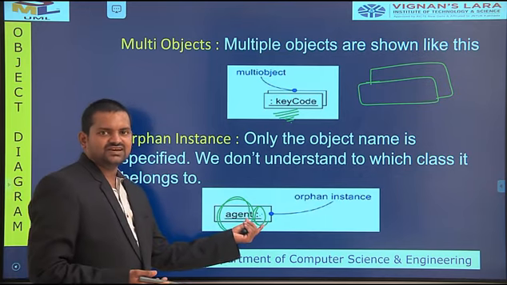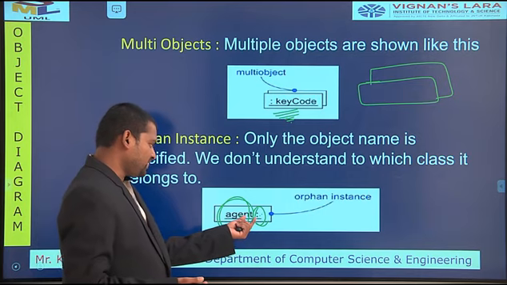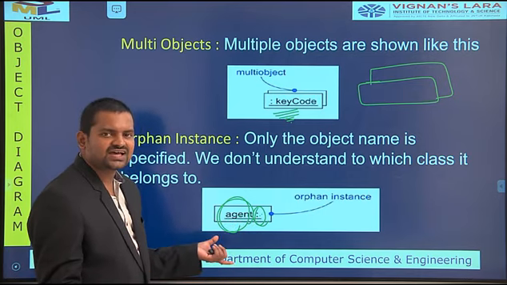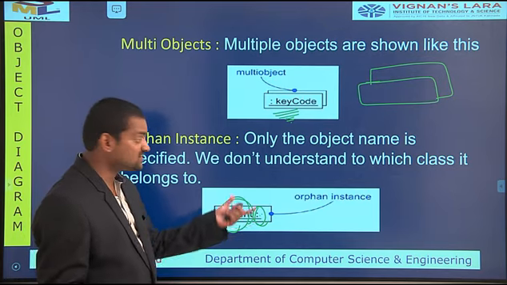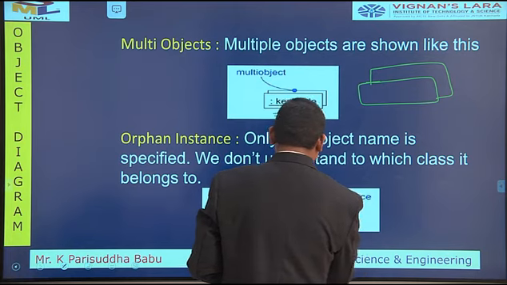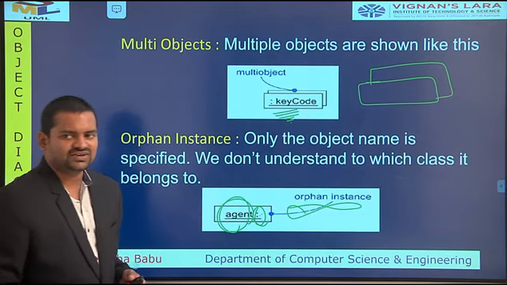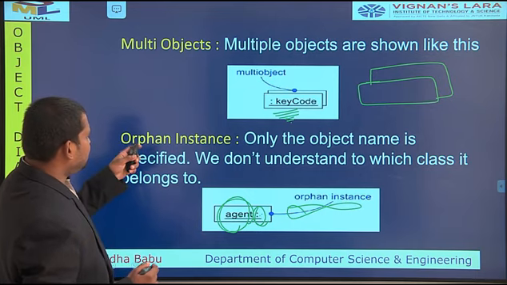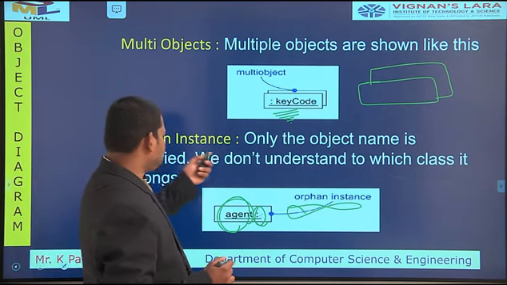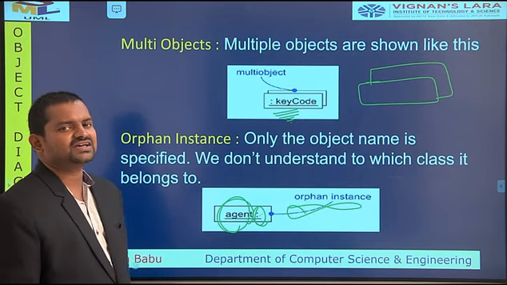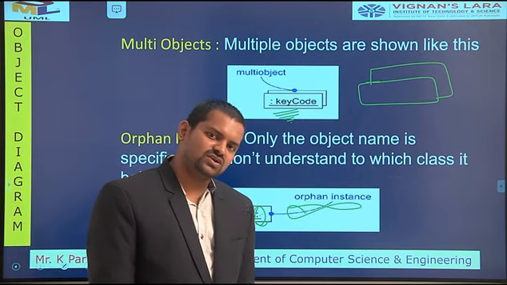The agent is an object name, but what is the class of this object we don't know. That kind of orphan instance we represent like this. Multi-objects are represented like this, and orphan instances are represented without having the class name.